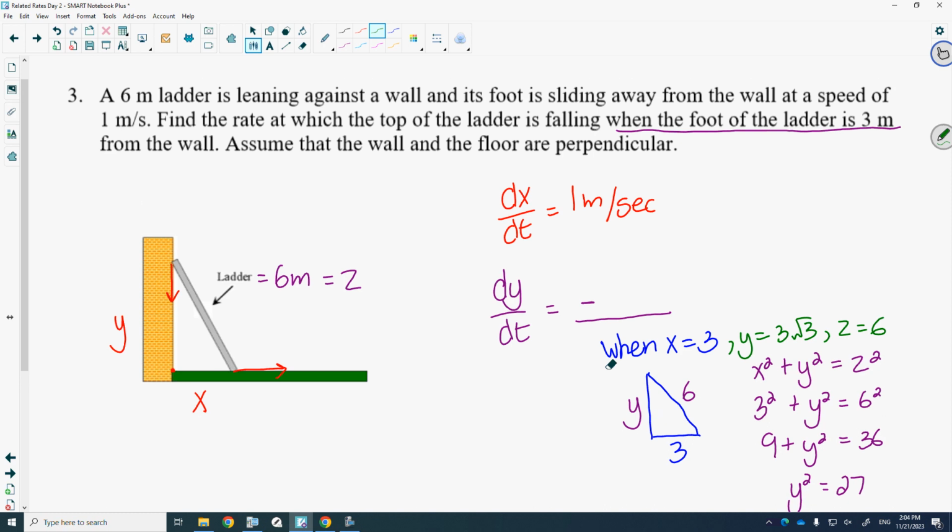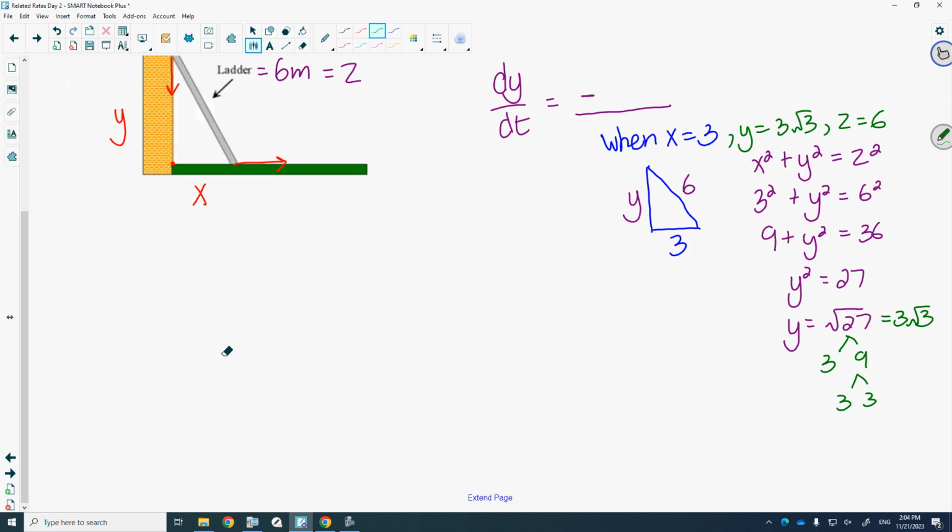Okay, so we are going to relate x, y, and z using a formula, and that formula is going to be Pythagorean theorem. x squared plus y squared equals z squared. Now, before we implicitly derive, I want you to star something. From yesterday, I told you that if anything is fixed, you plug it in before you implicitly derive.